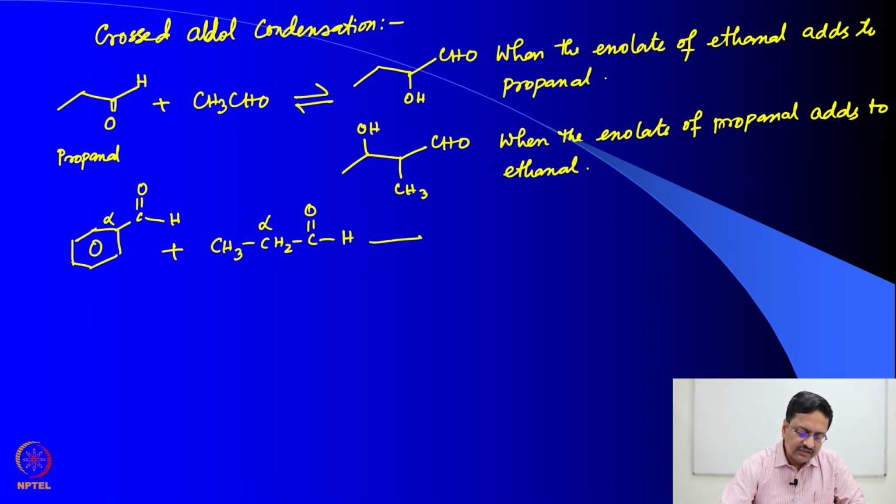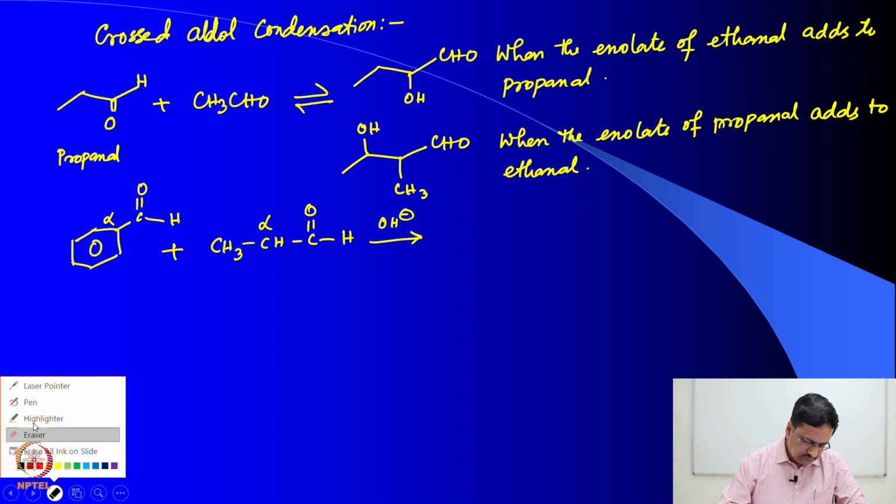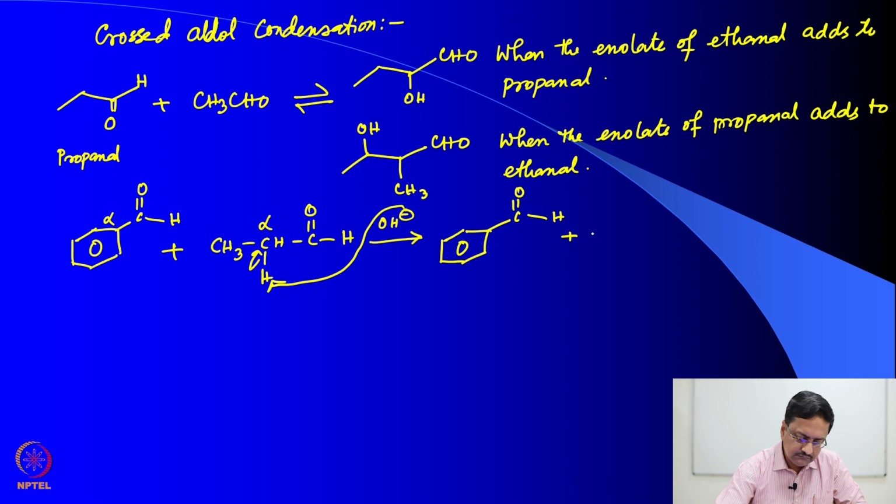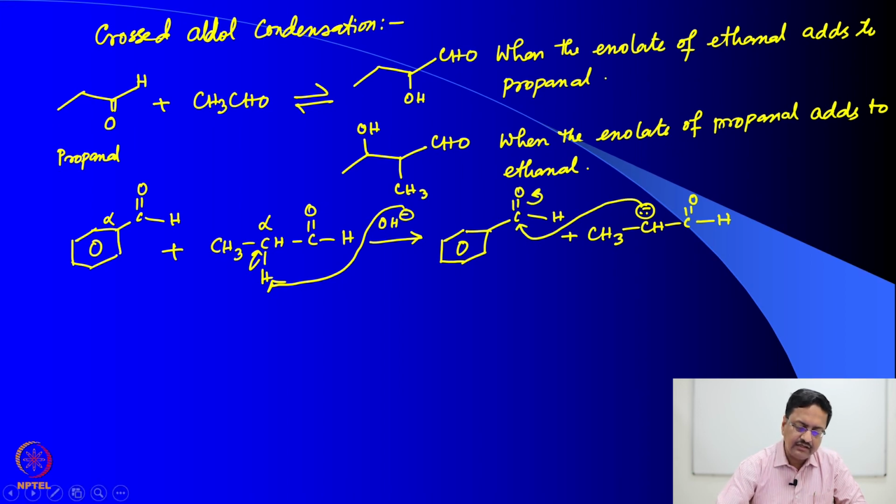So, if you do this reaction in the presence of a base, what will happen is it will abstract a proton from this alpha hydrogen, and the carbanion will form here, and that carbanion can attack this carbonyl group of benzaldehyde, leading to this intermediate.